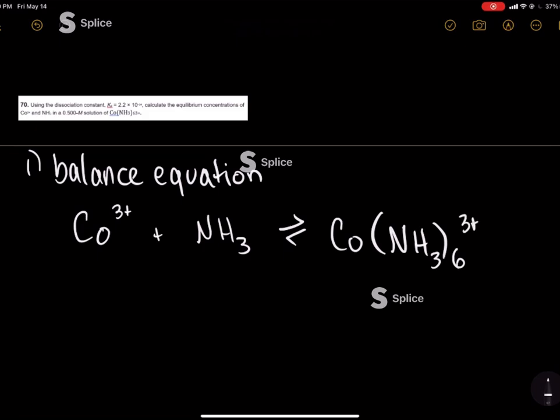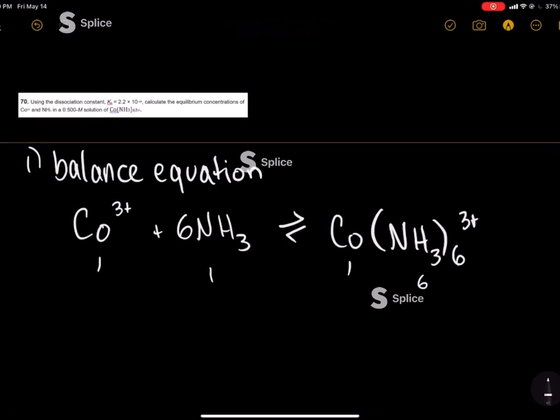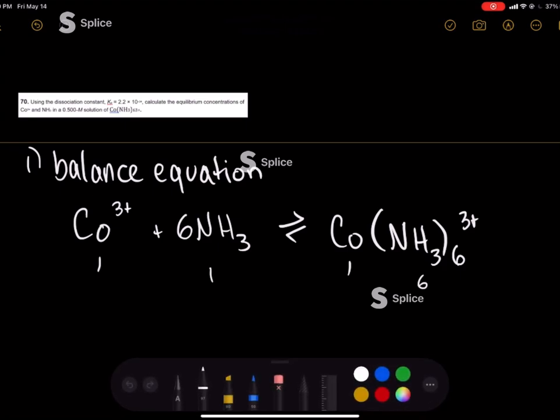Now cobalt, we have 1 on each side, so that's fine, but we notice that we have 6 molecules of NH3 and 1 over here, so all we have to do is add a 6, and then our equation is balanced.